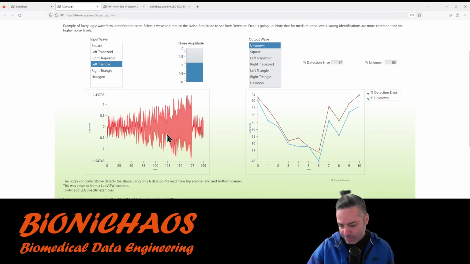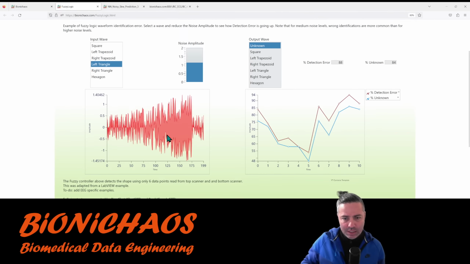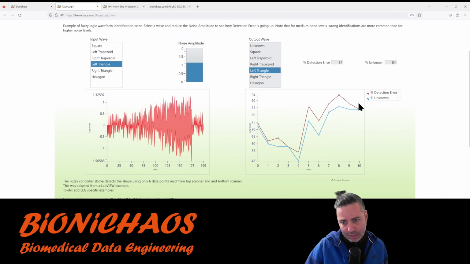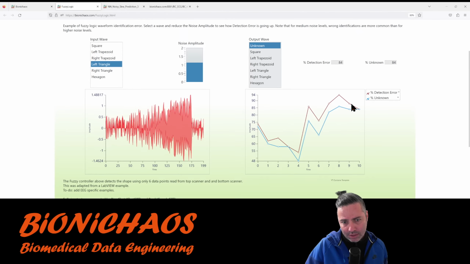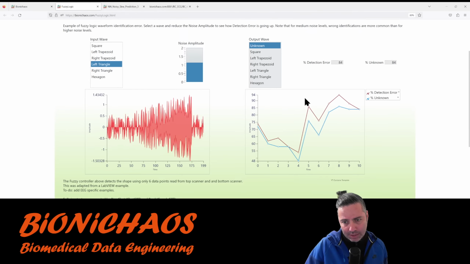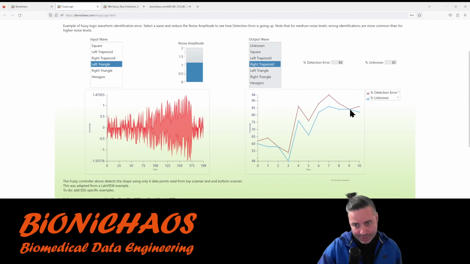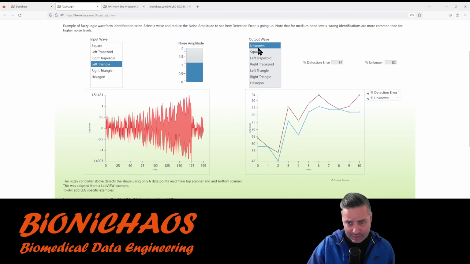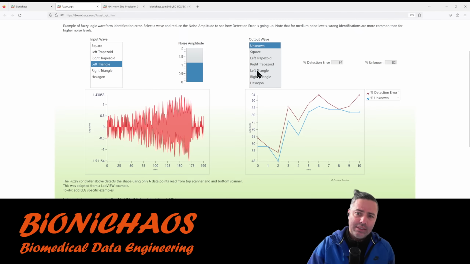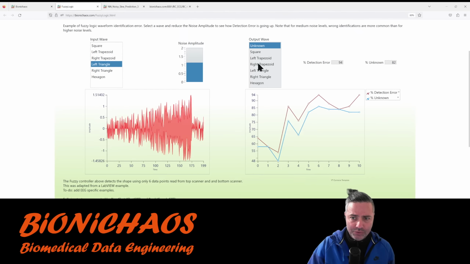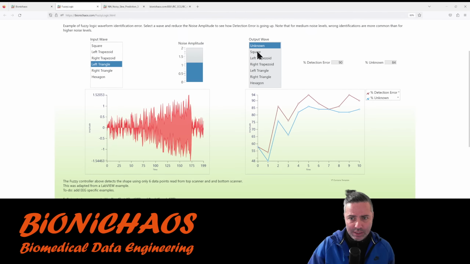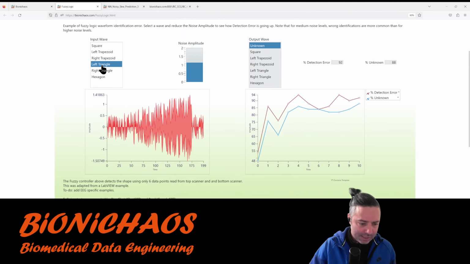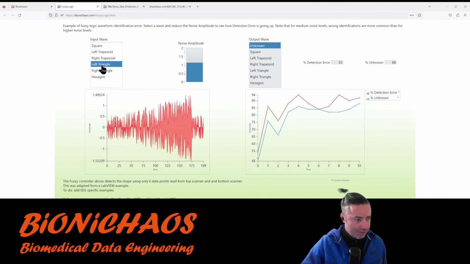I don't know if I can, because I've been looking at it for so long. But the algorithm can do it at a lower accuracy, so a higher error rate. Sometimes it says, I don't know what this is, and other times it confuses it with a square or a right trapezoid, where actually what's being fed in is a left triangle.